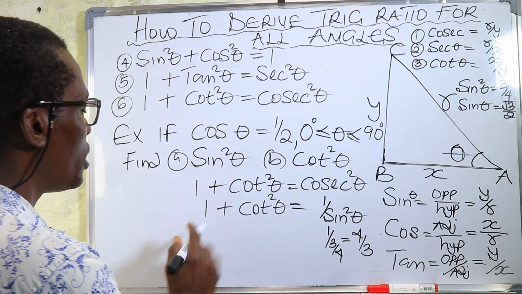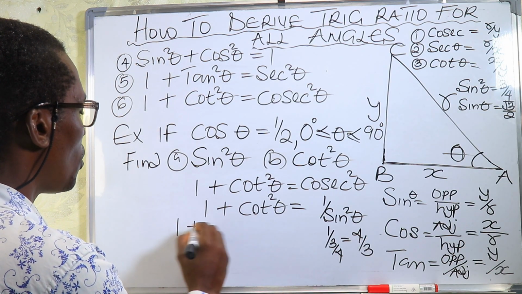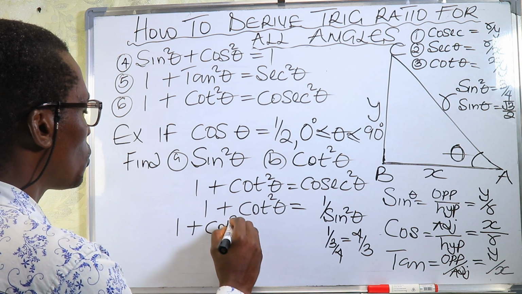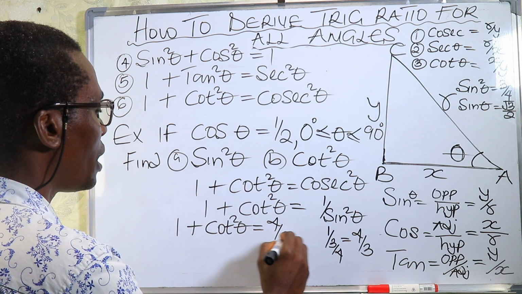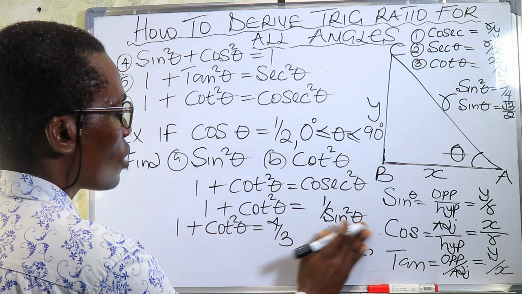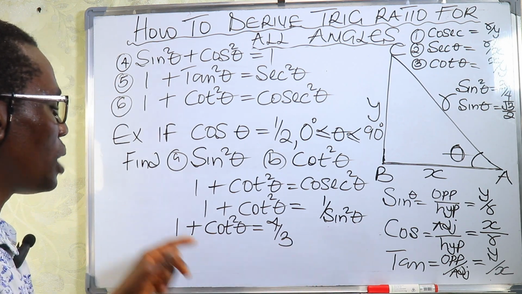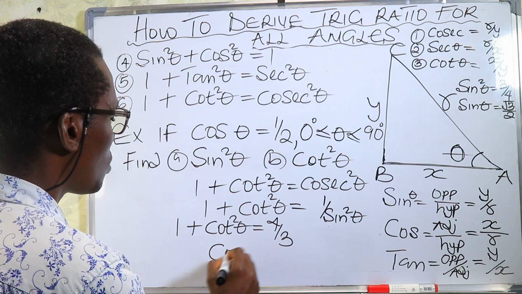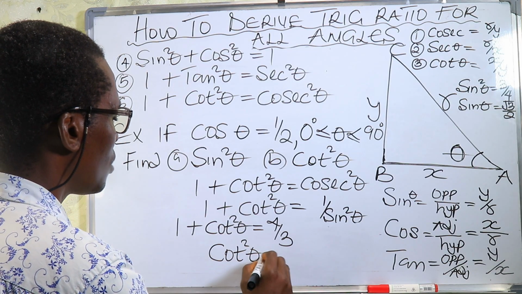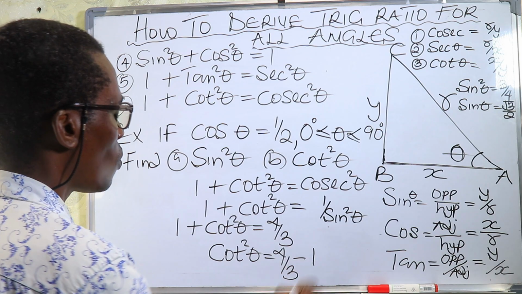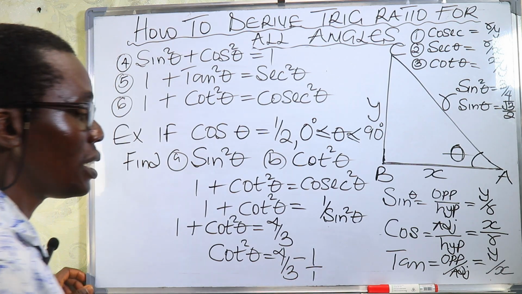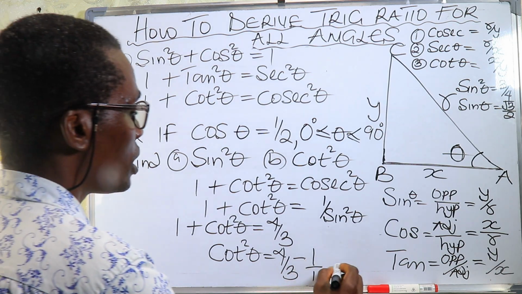So that means say all these things here will give me 1 plus cot square theta equal to 4 divided by 3. Now wetin I go do now to simplify, cot square theta go dey equal to 4 divided by 3 minus 1. 4 divided by 3 minus 1 go give us wetin?